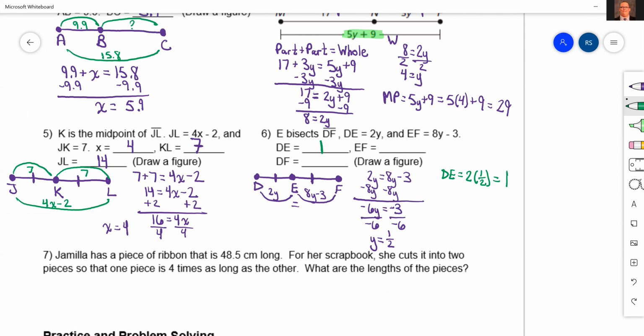Well, it's also got to be 1, but let's say you didn't see that. We can plug in again. EF is 8 times 1/2 minus 3, which again is 1. So now I know this is 1, this is 1. So what's the whole line? 1 plus 1 is 2.